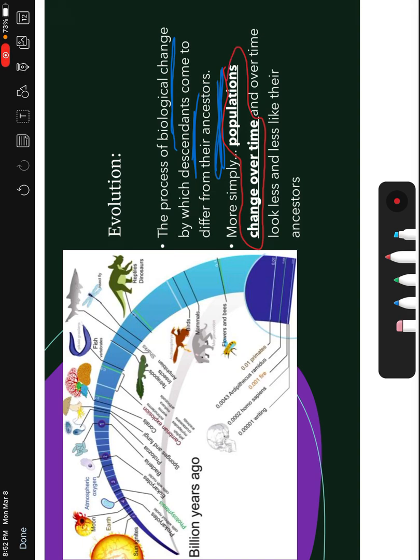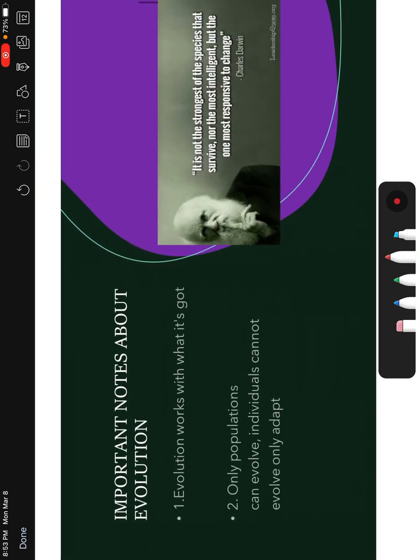That's all we want you guys to know about evolution, is that populations change over time. And then over time, these populations begin to look less and less like their ancestors. This image is depicting our evolutionary history, from billions of years ago all the way down to present day over here.